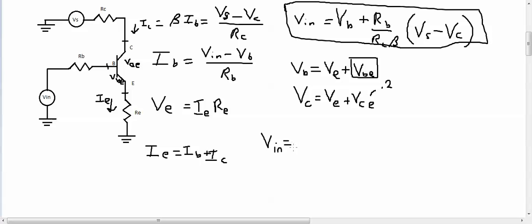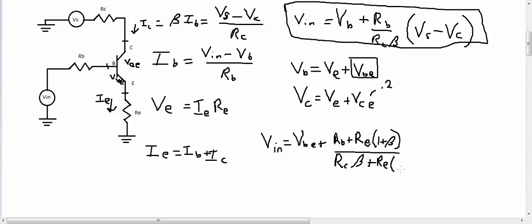Vin is equal to VBE plus RB plus RE times 1 plus beta, divided by RC times beta times RE times 1 plus beta, and that's multiplied by Vs minus VCE.